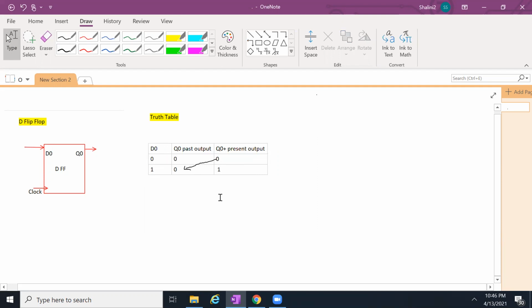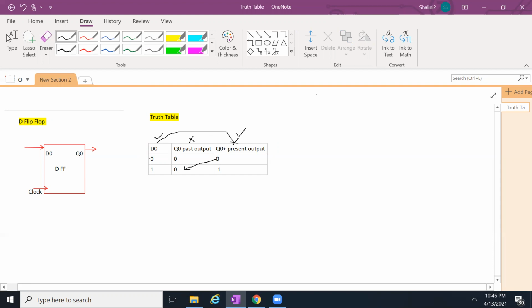One more time I am repeating: in the truth table of the D flip flop, the present output always depends upon the input value. Whatever the past value, no need to care about it. We need to look at the input value and accordingly update the output value.